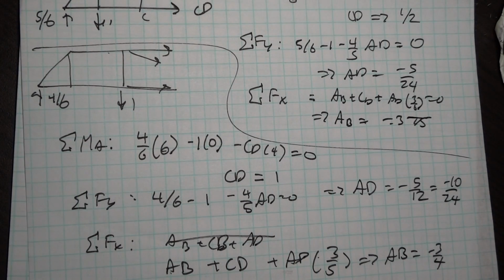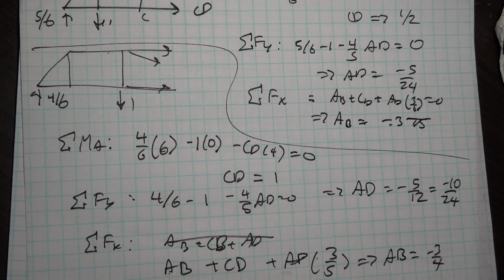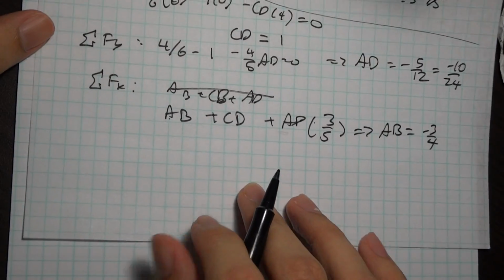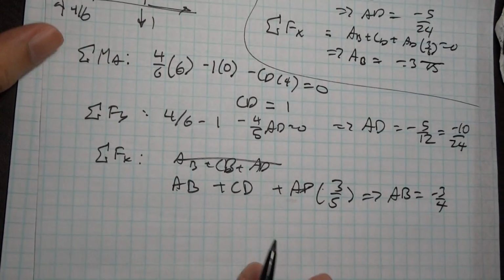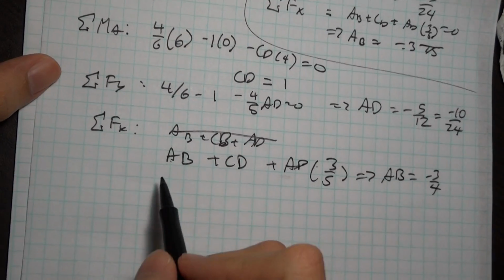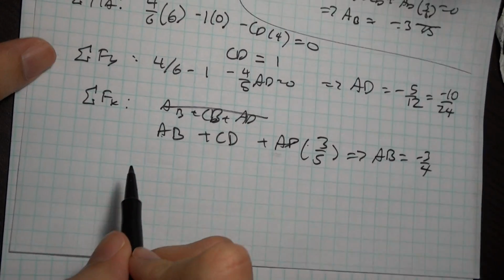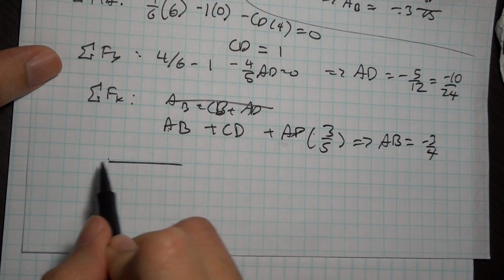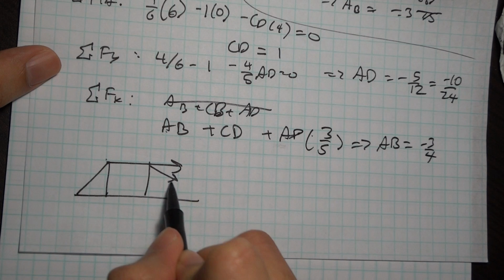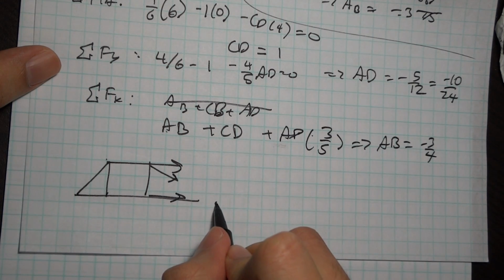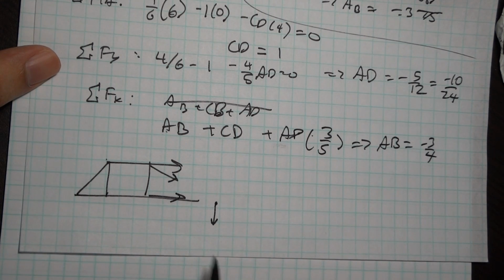When you're going to the next portion, I won't solve this, but keep in mind that your point load does not have to be on the section that you're analyzing. It can be completely off the section. In other words, notice how this point is not on the load.